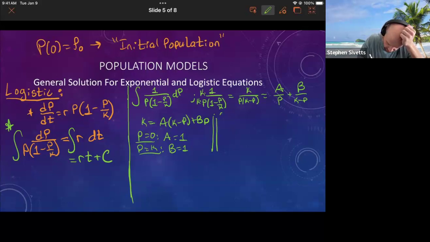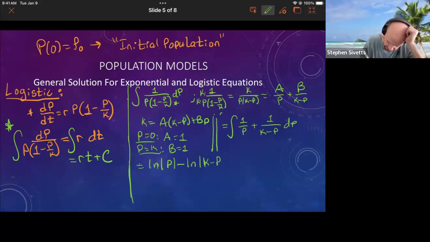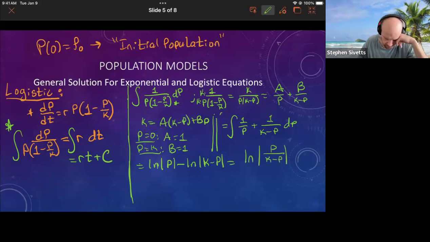And so this integral here would equal this integral: 1 over P plus 1 over K minus P dP. Okay. And so this equals the natural log of the absolute value of P minus the natural log of the absolute value of K minus P. And so I can collapse this into one single logarithm by properties of logarithms.